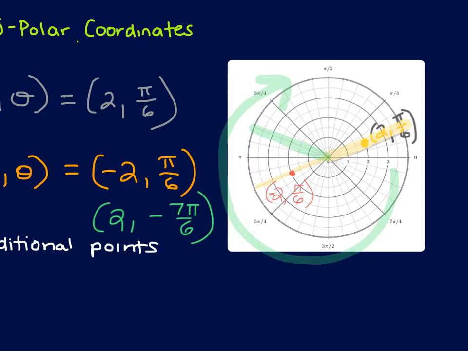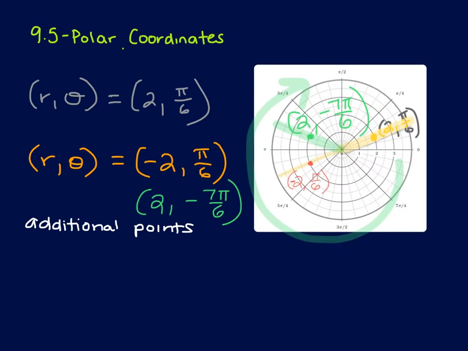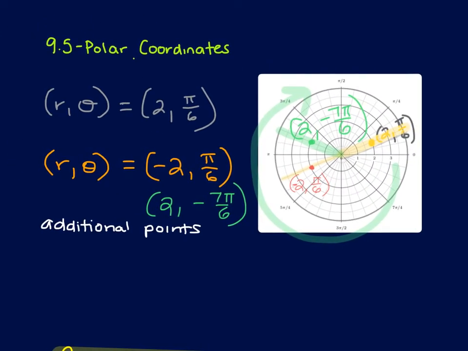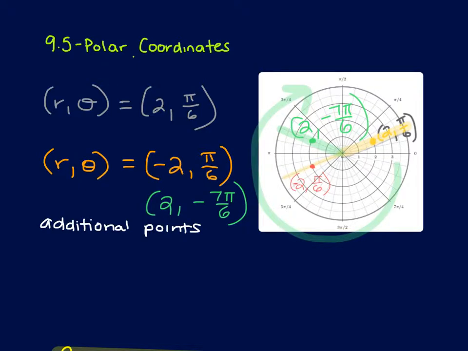And then that's a positive 2, so I go to the second rung. To negative 7 pi over 6. So the negative on the angle just moves clockwise instead of counterclockwise. The negative on the radius moves away from the initial angle in the opposite direction. Any questions on those?